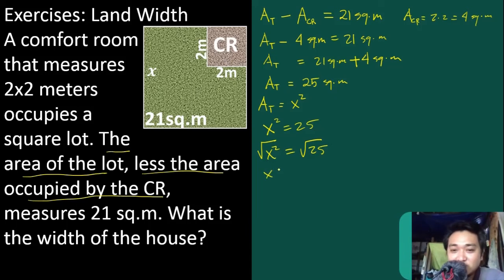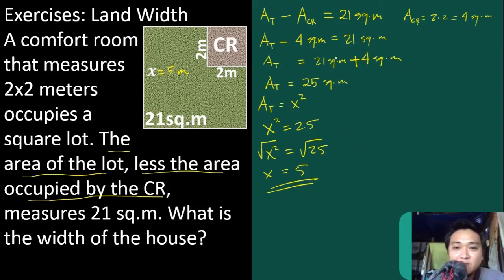The square root of x squared is x, and the square root of 25 is 5. So therefore, the width of the house, as well as the length, because it is a square lot, is 5 meters, to be exact.